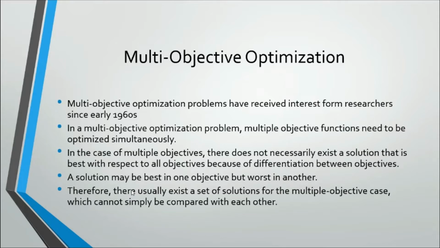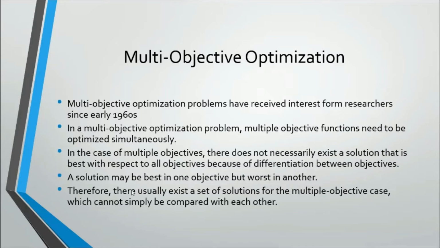First you generate a number of solutions, then select a specific solution from them, depending on some compromise between these solutions. And while selecting this particular solution, there is a possibility that it may be best in one objective and worst in another. That is a possibility in the case of multi-objective optimization.